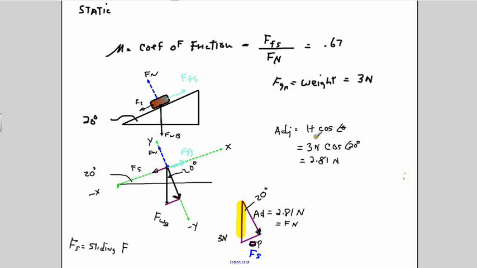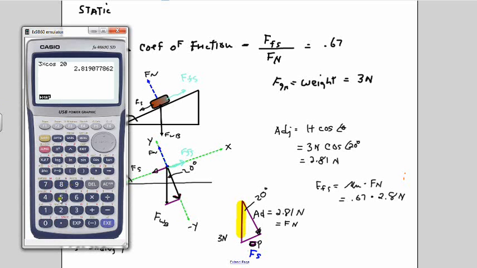If I cross multiply, we can find out that the force of friction static is equal to mu times the force normal, which is equal to 0.67 times 2.8 newtons.